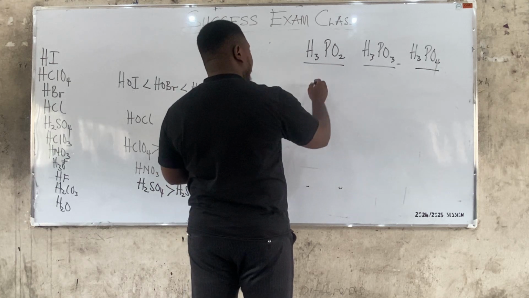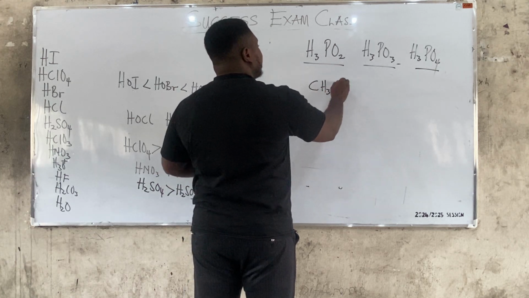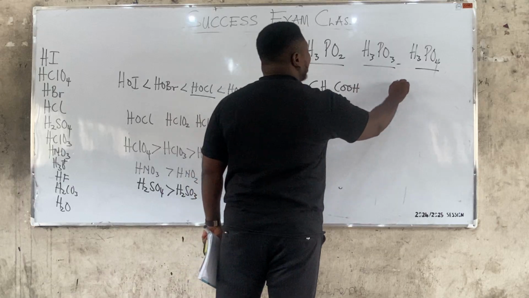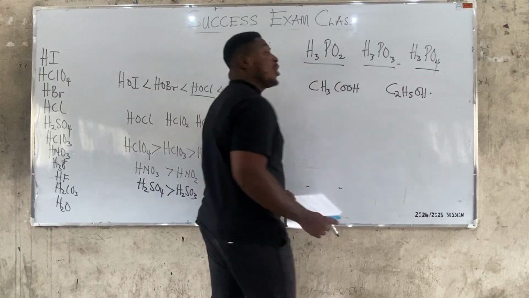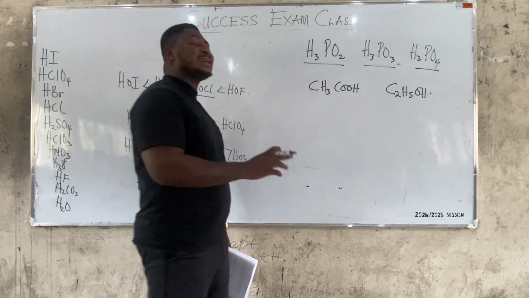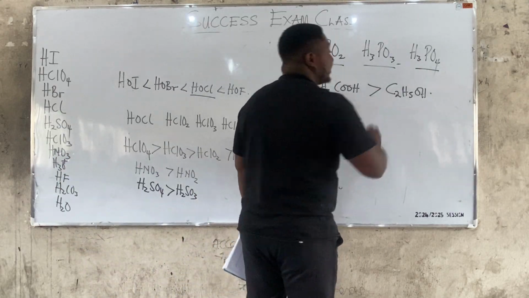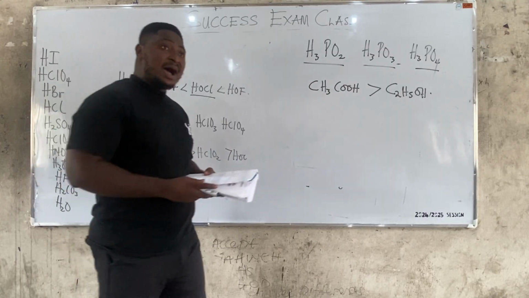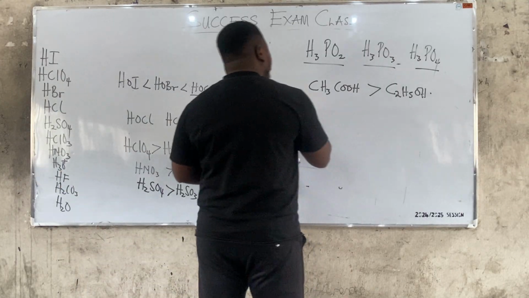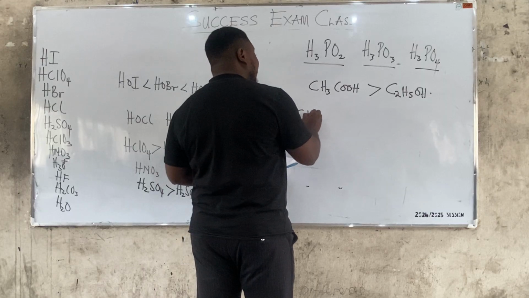Class, if you are given carboxylic acid or alcohols and you have to compare which is stronger, naturally carboxylic acids are stronger acids than alcohols.